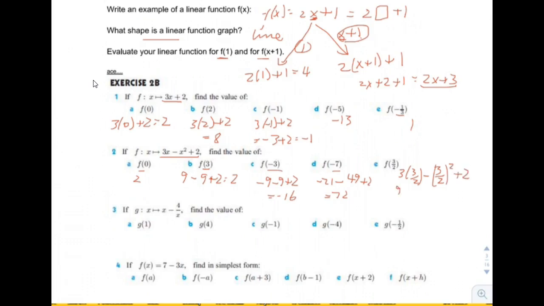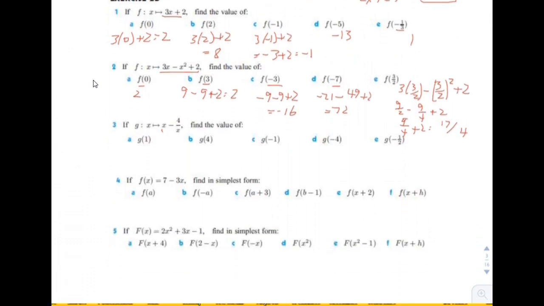So it would be 9/2 minus 9/4 plus 2. So it would be 9/4 plus 2, which would be 17/4, I think. 17/4.